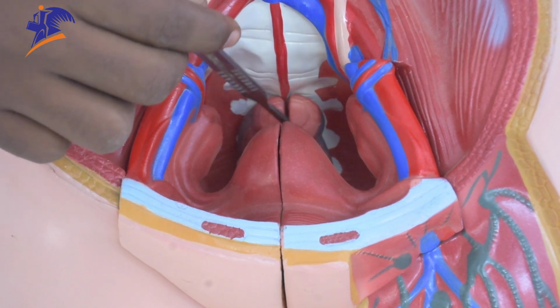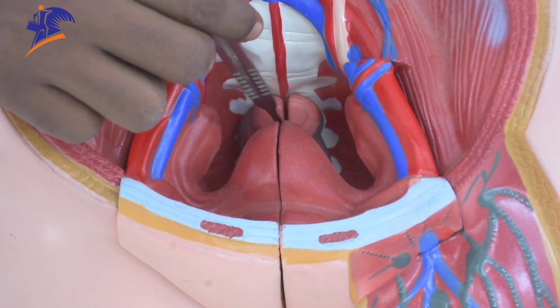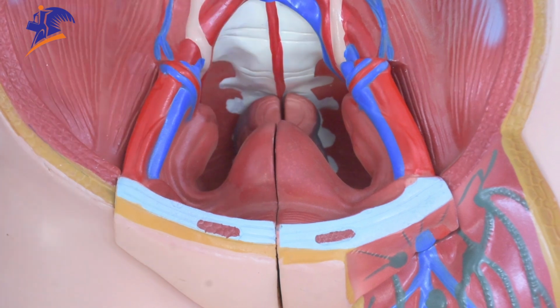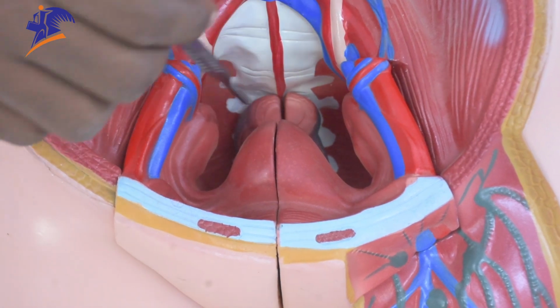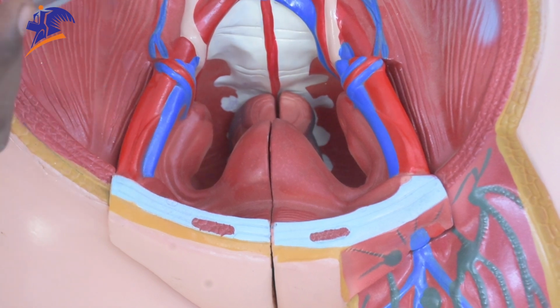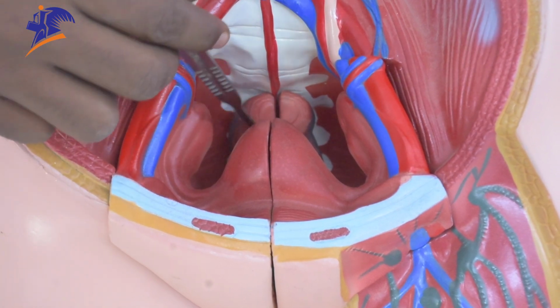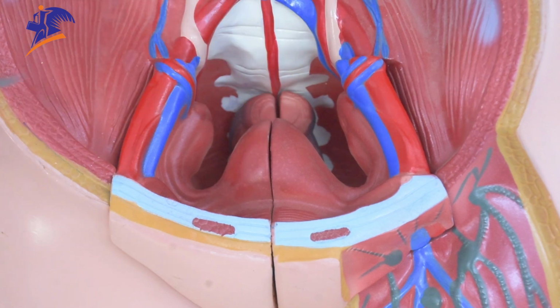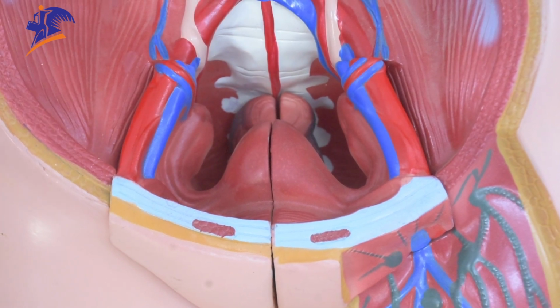It's called the rectouterine pouch, or pouch of Douglas. The pouch of Douglas is the area that fills with fluid when the female is in a standing position.